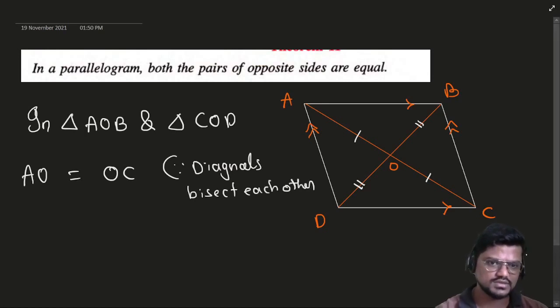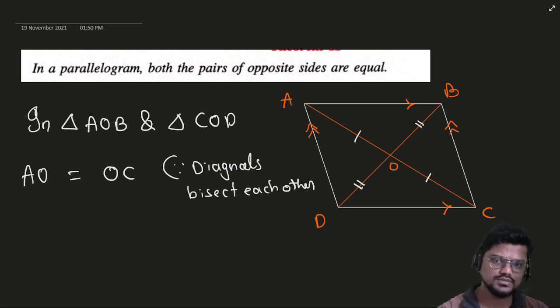Yes or no? The diagonals will bisect each other. Yes, exactly. Also, just a moment. Okay, we need not consider that. Okay, wait, we'll not consider this.